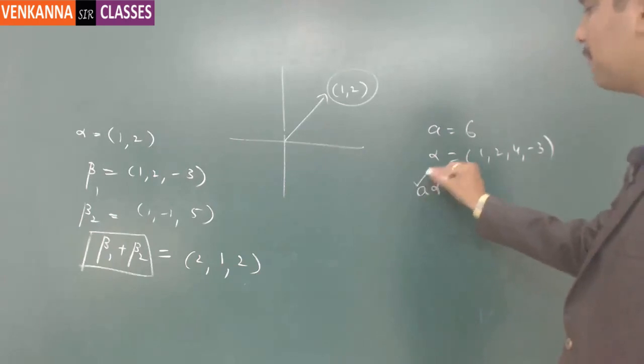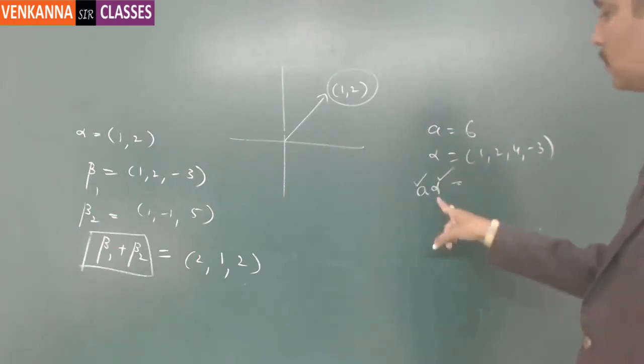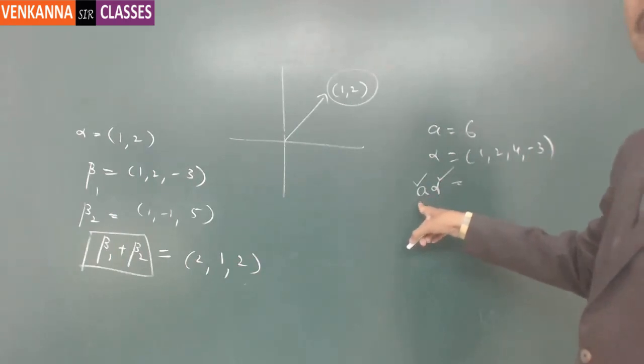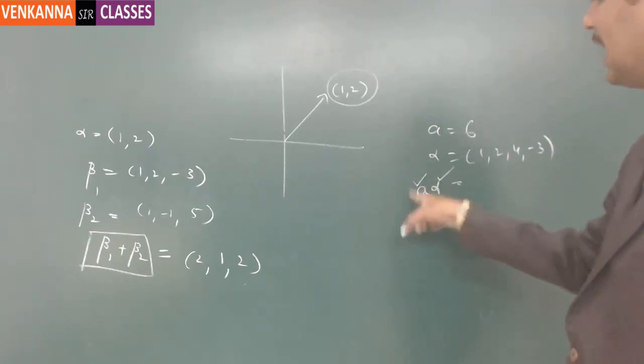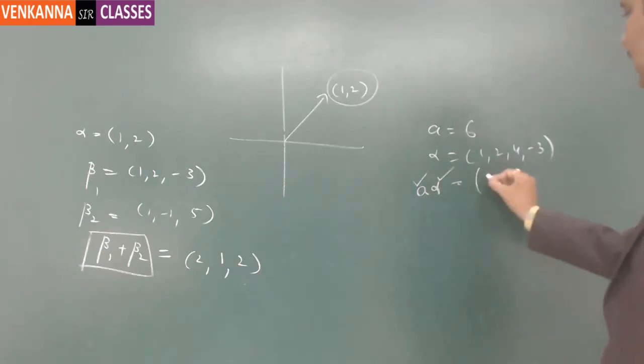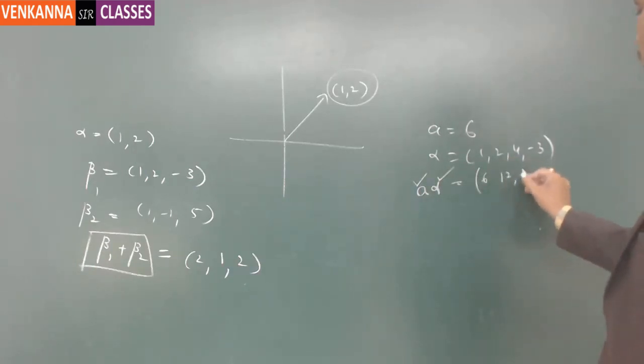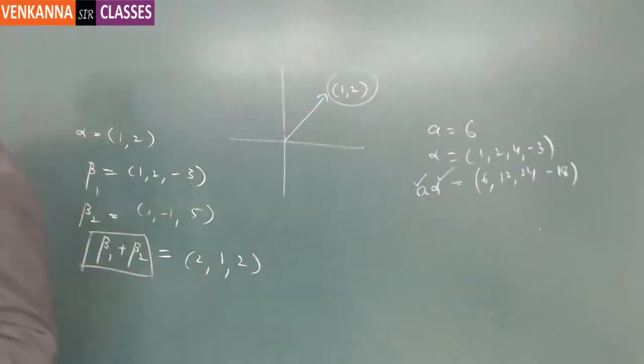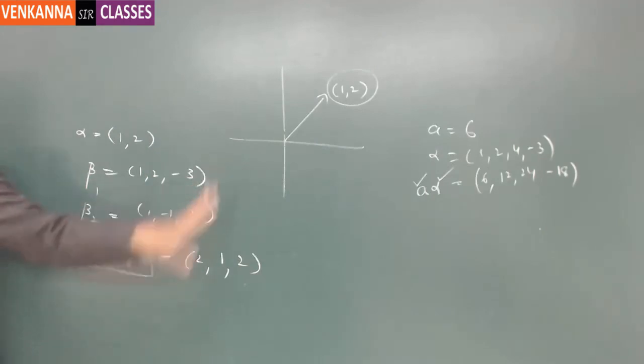So this is the number and this is the vector. Another name for number is scalar. That's why we are calling it scalar multiplication. And how will it be? (6, 12, 24, -18). This is the answer. So if you talk of regular vectors, it is just like dealing with numbers.